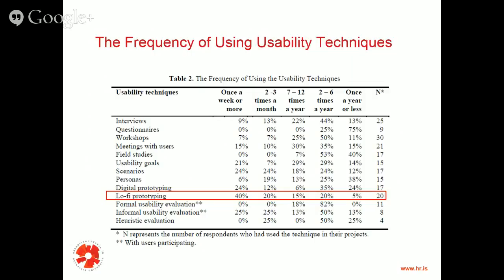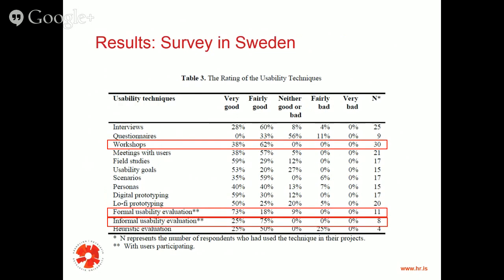And you can see that there are additionally 15% that use it once every second month or once per month. Interviews, they don't do that often, as much as the lo-fi prototyping. So they are sketching all the time and showing it to users or colleagues or somebody.